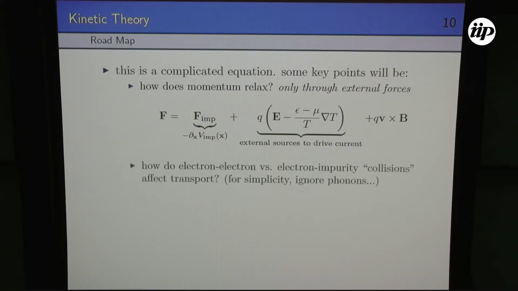All right. Now, the next question that we should keep in mind, the answer to which will basically be the punchline of the talk, is how do electron-electron collisions modify transport? Put more simply, let me start as a theorist with a metal that has no Coulomb interactions.